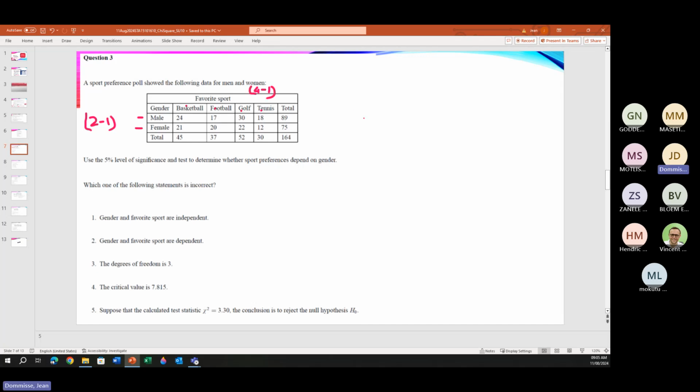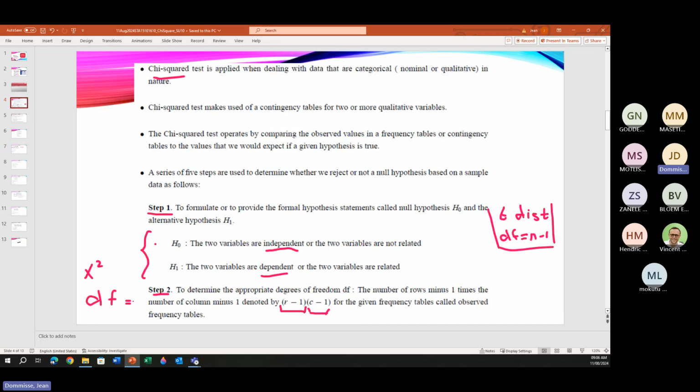So if we needed to do the degrees of freedom in this one, it would have been 2 minus 1, which is 1, times 4 minus 1, which is 3. So the degrees of freedom is 3. And it would have been correct in this question that we will go through a bit later. But that is how we will work out the degrees of freedom.